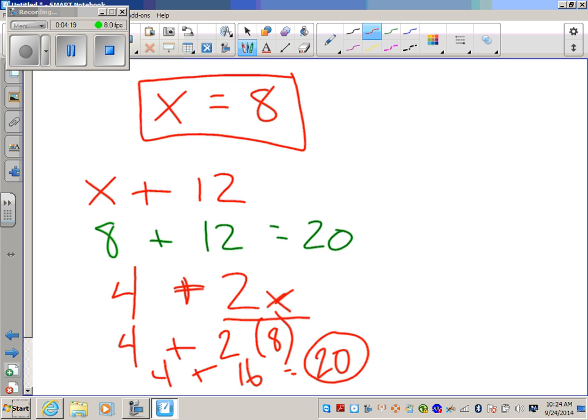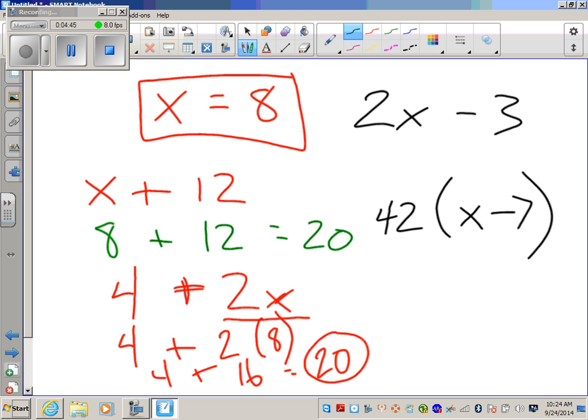I'll give you a couple here to try. Using x is equal to 8. Try those.